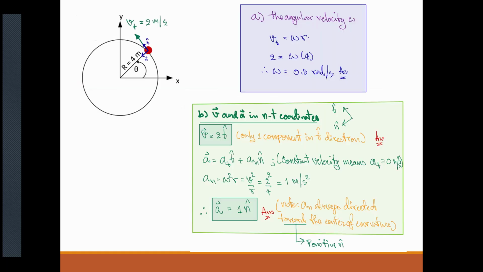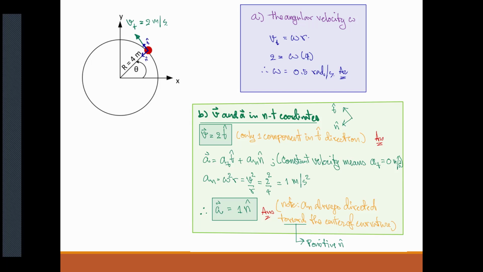Starting with the first problem, we would like to determine the angular velocity. For the problem, we note the coordinate system. One thing I would like you to remember when we set up the coordinate system: for x and y, we follow the right-hand rule.